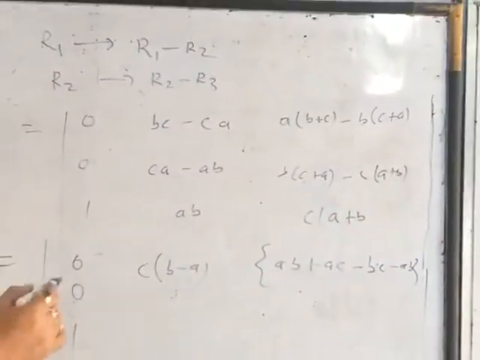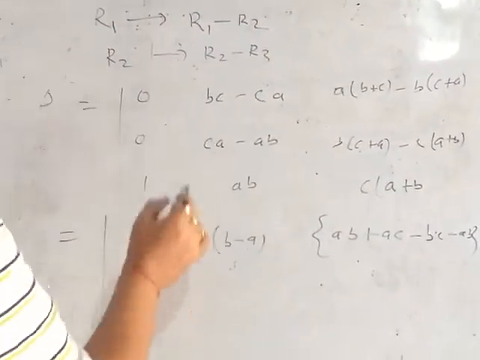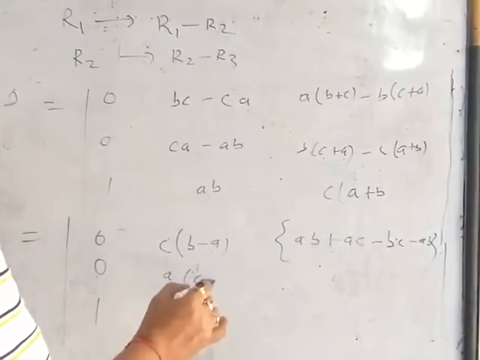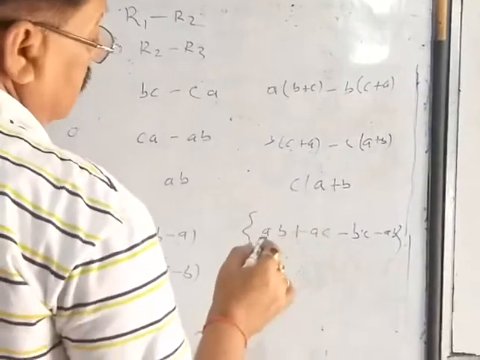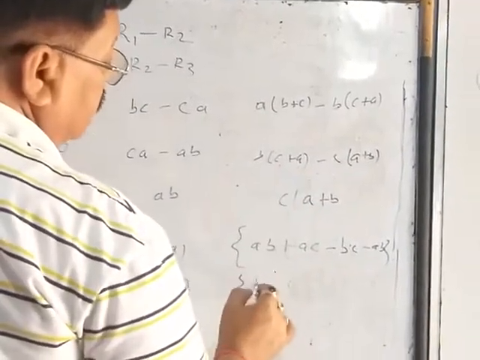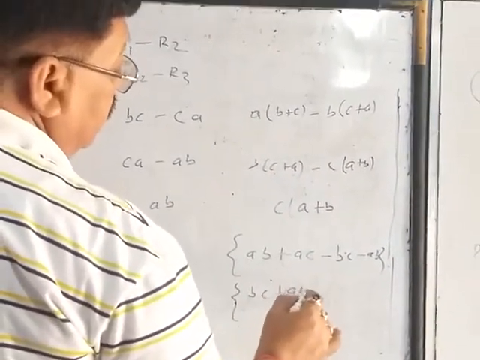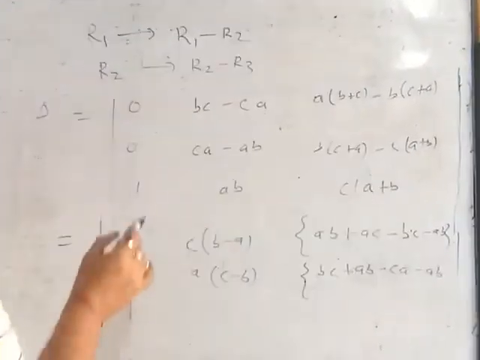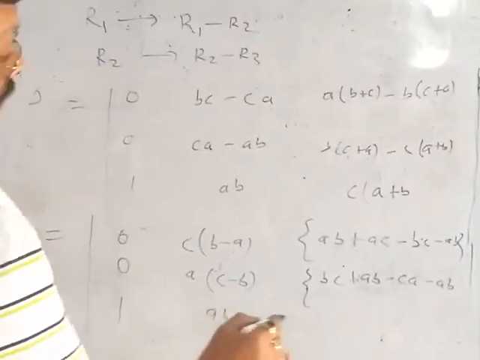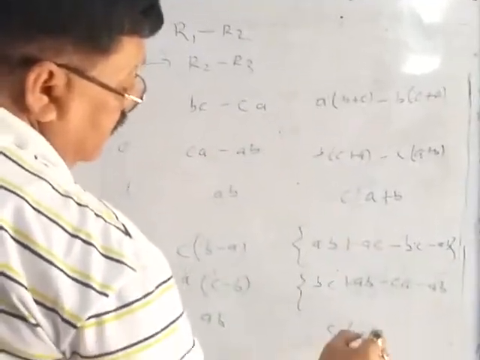Here A is common, C minus B. In the third column, BC plus AB minus CA minus AB, and here AB and C(A plus B).